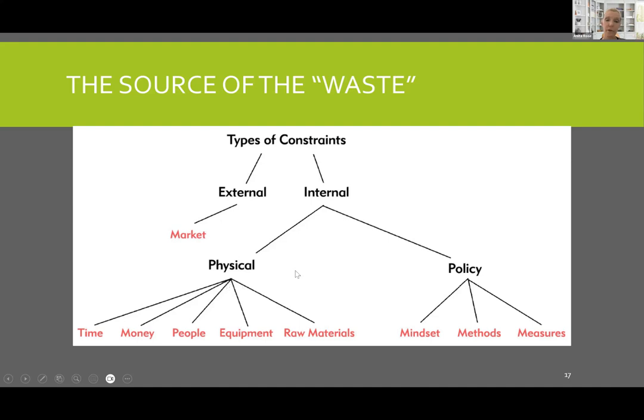So we have physical and policy internal constraints that we want to focus on. Physical, we're looking at time, money, people, equipment, the raw materials, and so forth, physical, tangible items. And then we have the policies, maybe the mindset, the methods, the measurements. Measurements are crucially important. We want to keep good measurement, good resources, and measure as we move along.